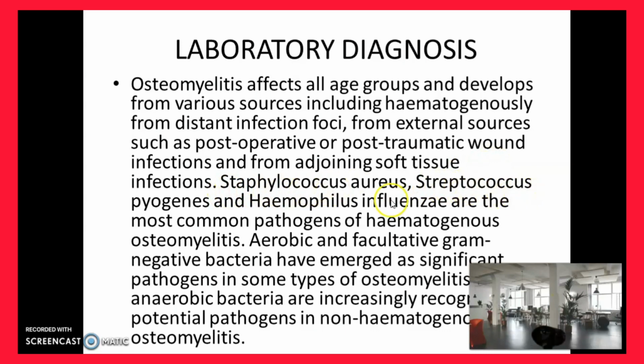Staphylococcus aureus, Streptococcus pyogenes, and Haemophilus influenzae are the most common pathogens of hematogenous osteomyelitis. Aerobic and facultative gram-negative bacteria have emerged as significant pathogens in some types of osteomyelitis, while anaerobic bacteria are increasingly recognized as potential pathogens in non-hematogenous osteomyelitis.